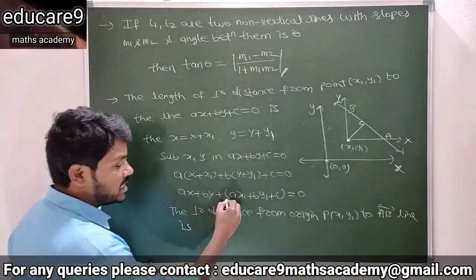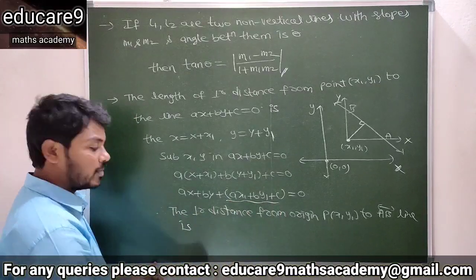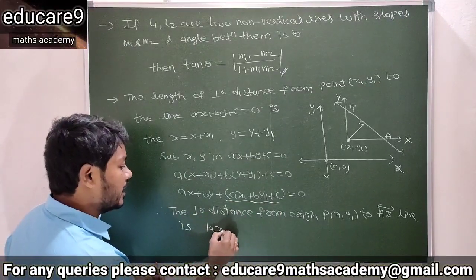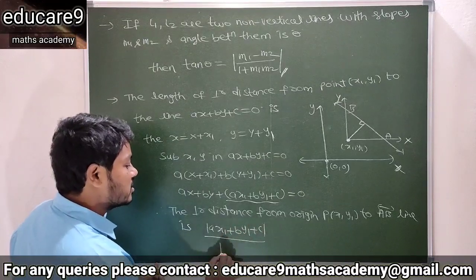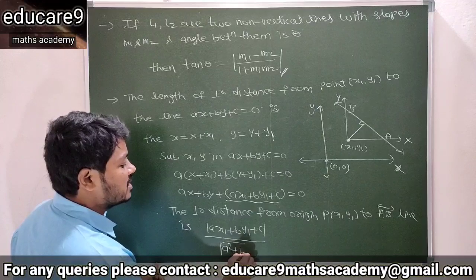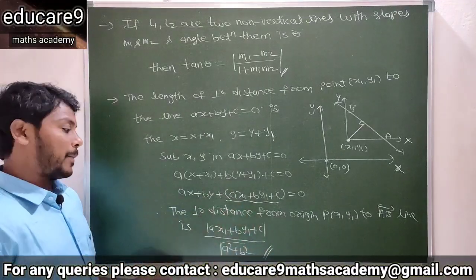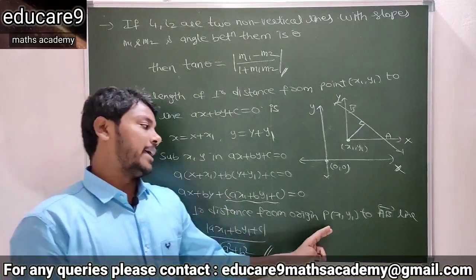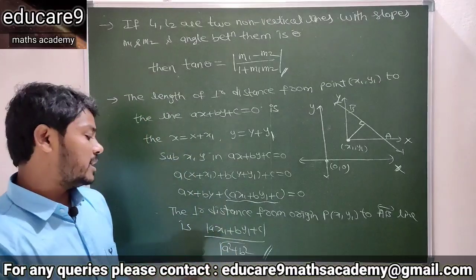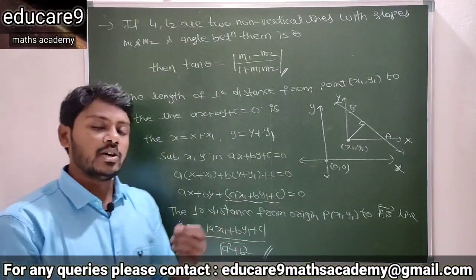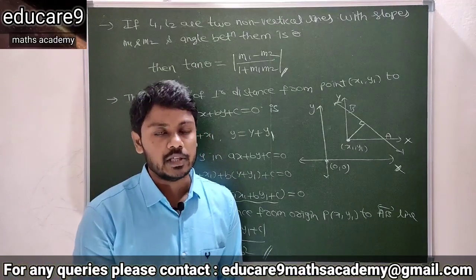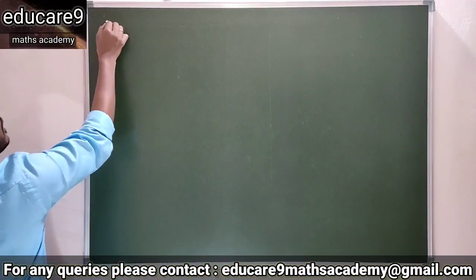Mod of c, so what is c? ax1 plus by1 plus c. That is mod ax1 plus by1 plus c by square root of a square plus b square. So this is the perpendicular distance from the point x1 comma y1 to the line: modulus of ax1 plus by1 plus c by square root of a square plus b square. So see the next one.